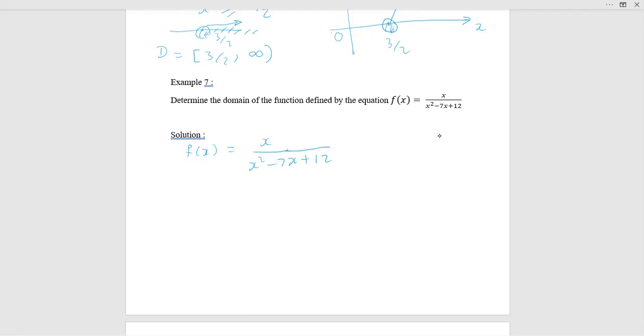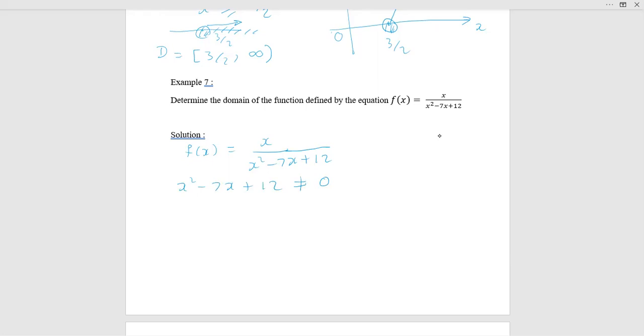Therefore, we can say the denominator, x squared minus 7x plus 12, should not equal 0. Understand? It is not greater than 0, it is not less than 0. Whatever it is, the function is defined. When the denominator is positive or negative, it does not matter.